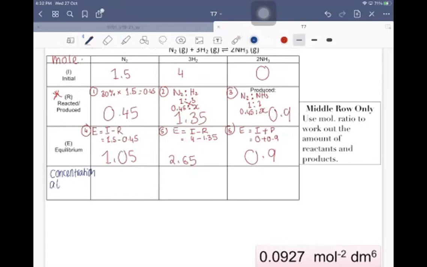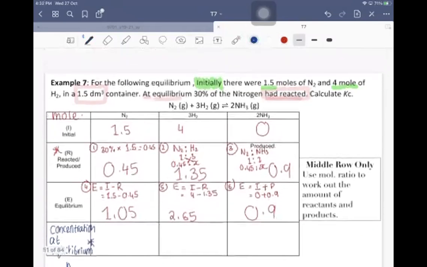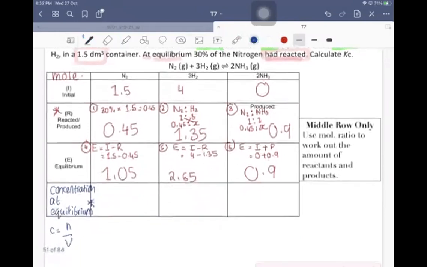Okay, concentration at equilibrium. So that's important. You don't just use initial concentration or how much of that species has reacted. Okay, to find concentration, number of moles over volume, the volume here is 1.5 dm cube.